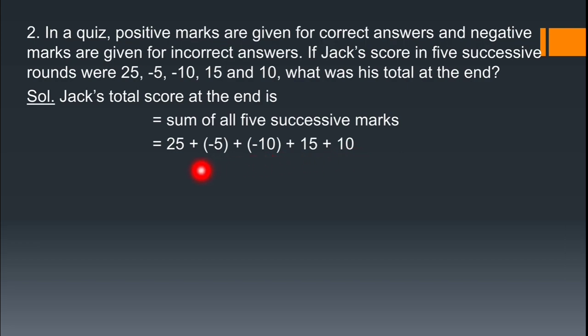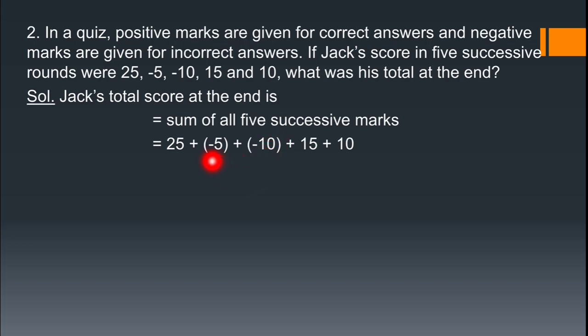Again here you can see that the two integers minus 5 and minus 10 both have the same sign. So if we have to add these two integers, we just add their numerical values, that is 10 plus 5. It comes out to be 15 and the sign will be the same as the given numbers have.